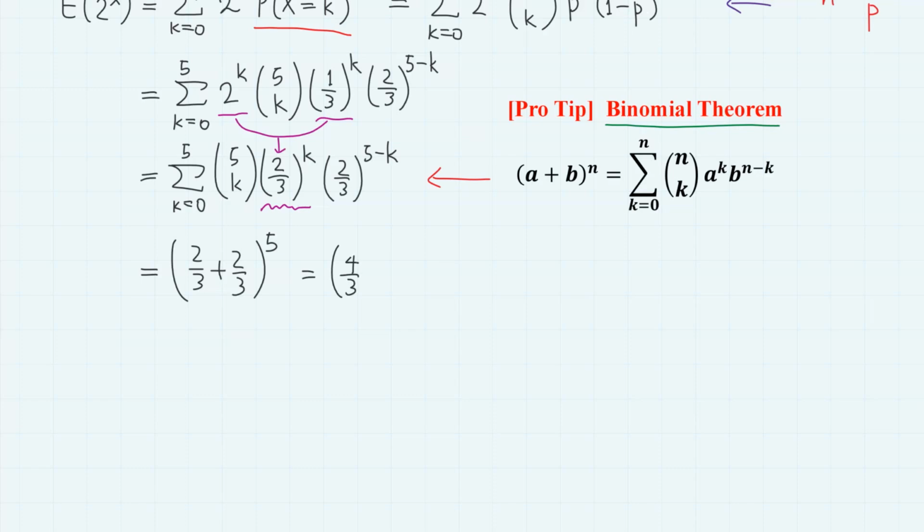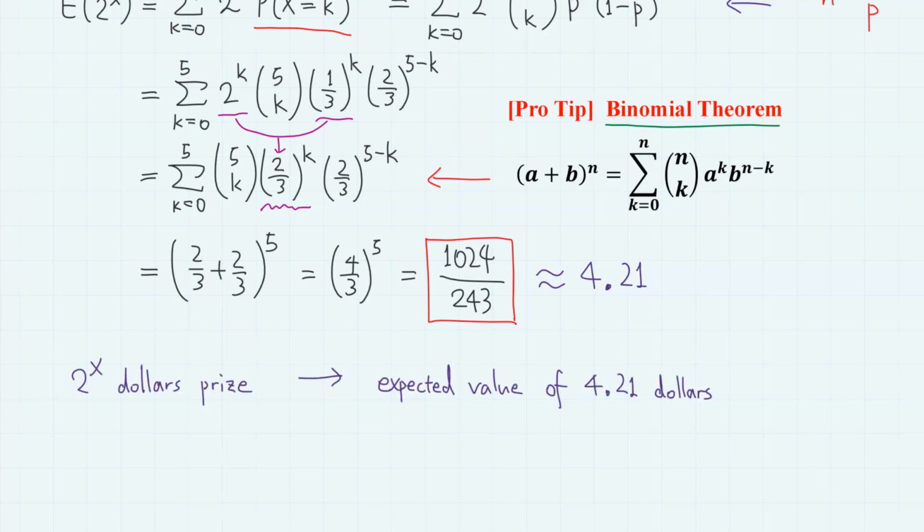So it is 4/3 raised to the 5th power, which is 1024 divided by 243. This is approximately equal to 4.21, meaning that if we play the game under the condition that we receive 2 to the power of x dollars as a prize, then on average we are expected to receive $4.21.